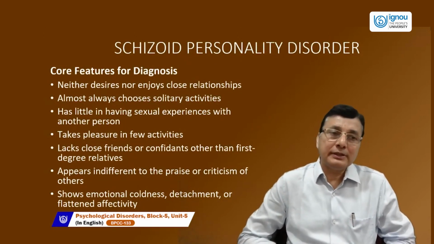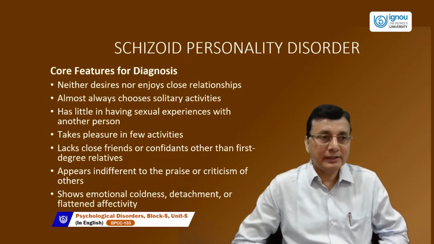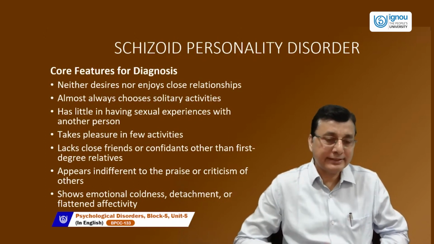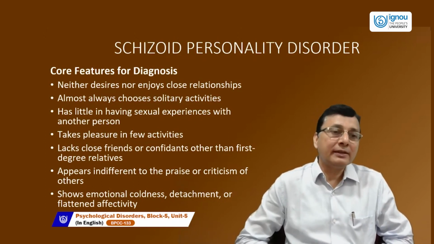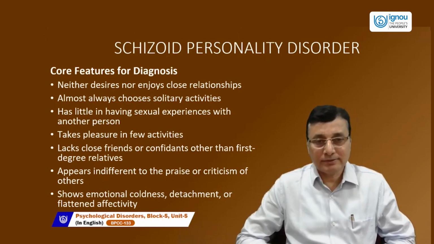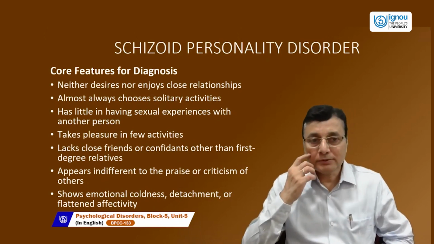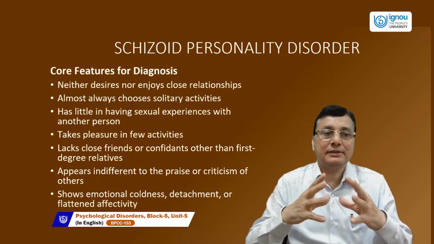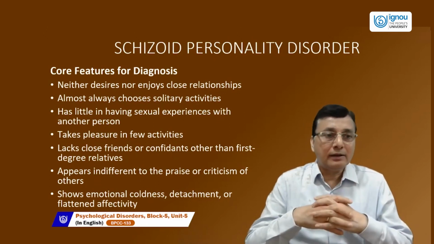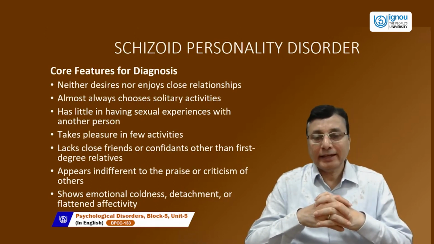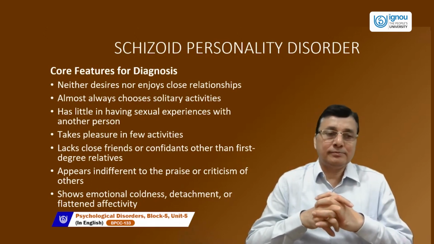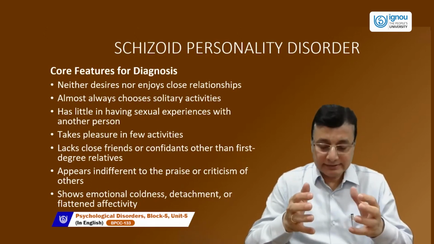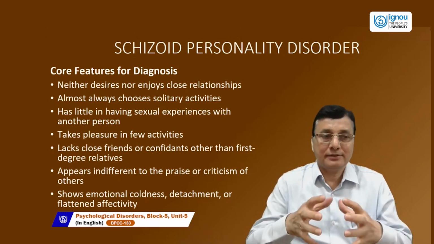So, according to the DSM-5, if you see the diagnostic features, the core features can be enlisted like: neither desires nor enjoys close relationships. Even though you try to make a very close relationship, they do not enjoy it. Almost always choose solitary activities, so they prefer activities where others are not involved.